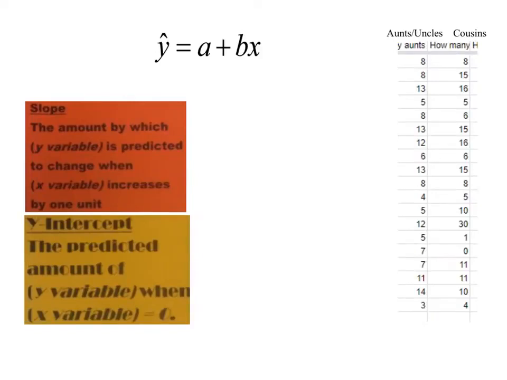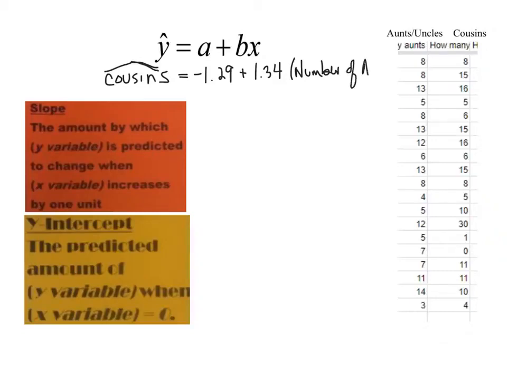So here's how we will write that. And we like to put our equation in terms of context. So I'm going to write that our cousins served as our y value, right? That was our response. So we're going to write cousins hat equals our y-intercept was negative 1.29 plus 1.34 multiplied by the number of aunts and uncles.